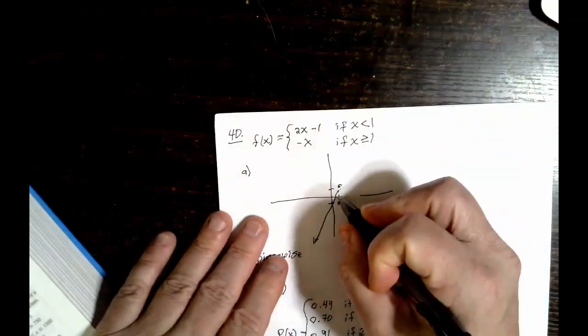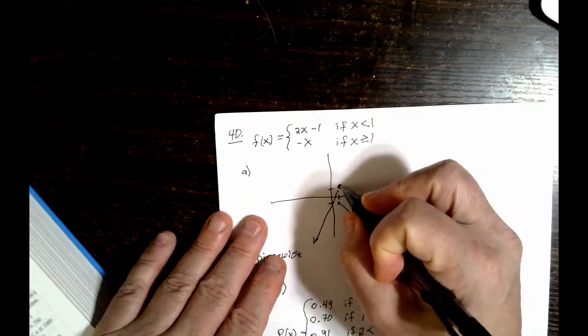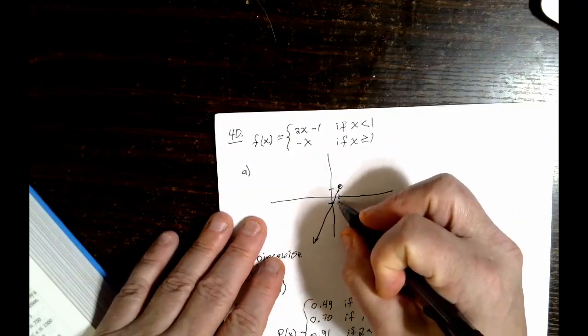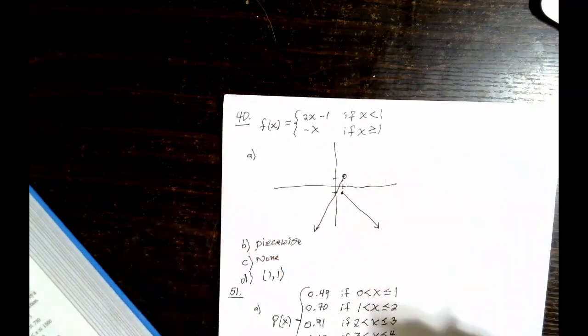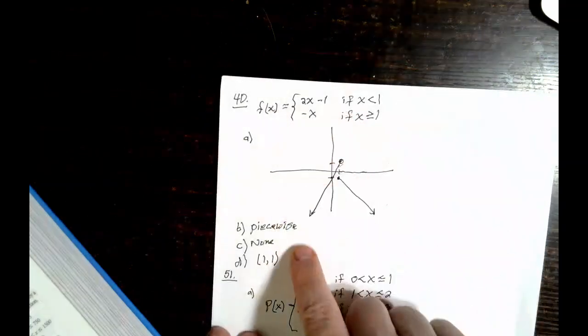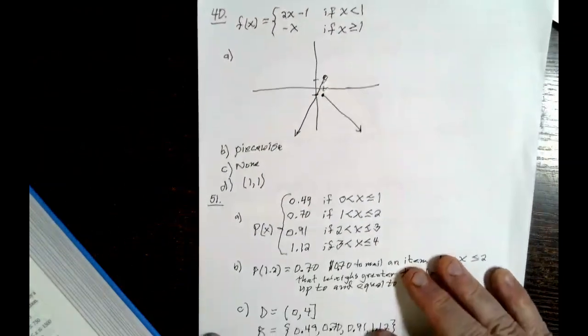Okay, so it has a hollow circle at 1, 1, has a solid circle at 1, -1. It's a piecewise function. It does not have any turning points.